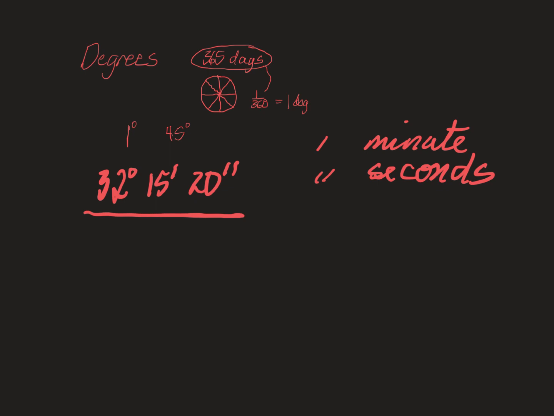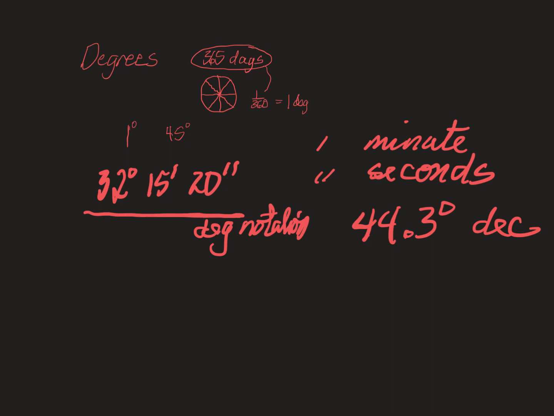Now, you and I, we've done a lot of math before, and we might write something like 44.3 degrees, and we would write it as a decimal. Okay? And so this would be a decimal, and this would be a degree notation in terms of minutes and seconds. Okay?